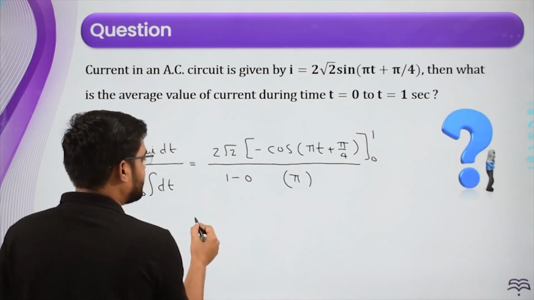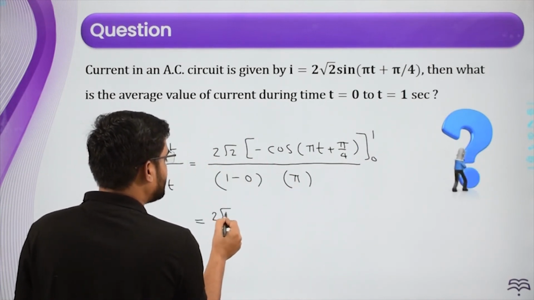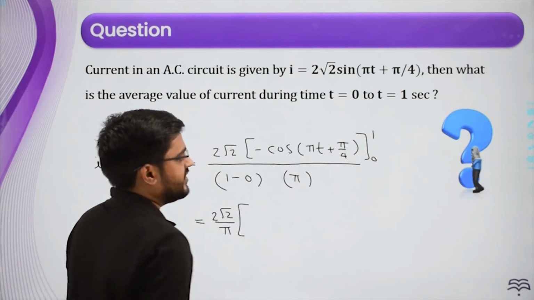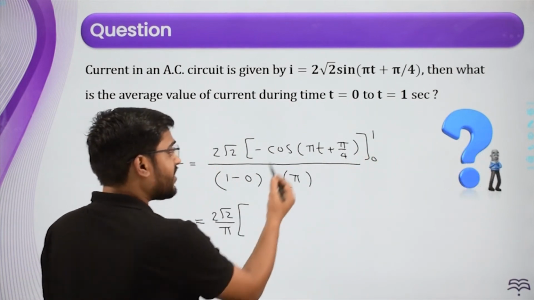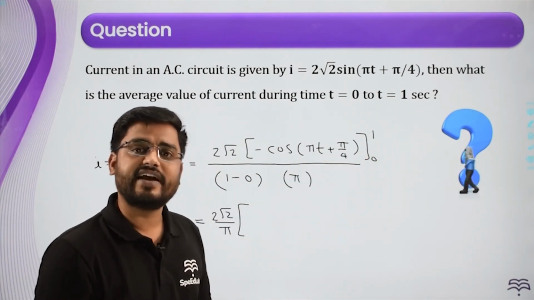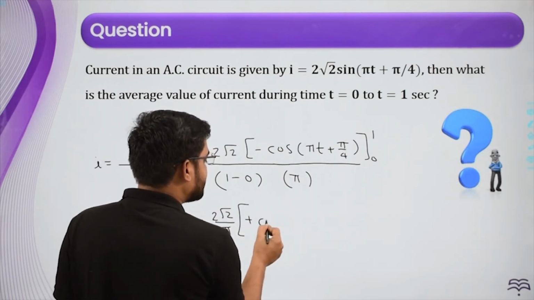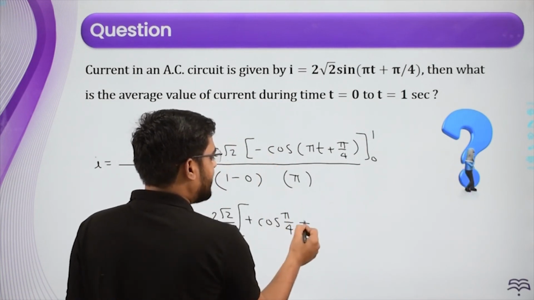Let's put the values and solve it. So I'm writing 2 root 2 upon pi. And then I'm inserting 1 over here, so we get pi plus pi by 4. Cos of pi plus theta is minus cos theta. So this will give me minus of minus cos pi by 4. Minus of this minus, so plus.